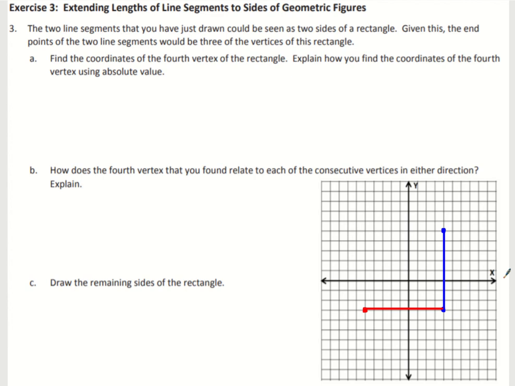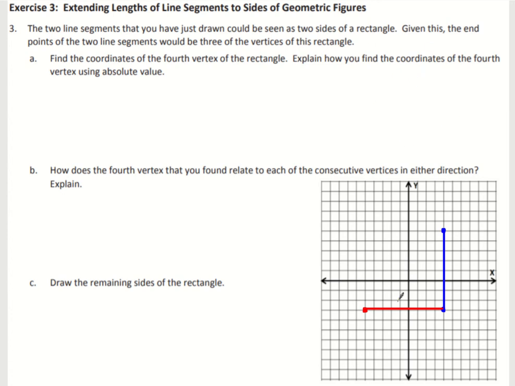Those line segments that we have just drawn could be seen as 2 sides of a rectangle. What do we remember about rectangles? Well, it has 4 sides, 2 sets of parallel sides, and all of its angles are 90 degrees. Well, we have a 90-degree angle right here. So what it's saying is that we can create 2 other sides and create a rectangle from this.